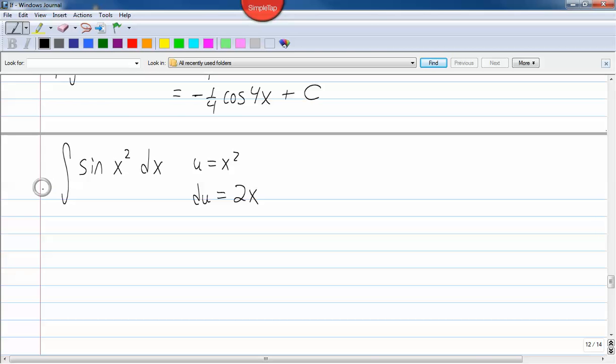It doesn't work like that. To do this integral, there would have to be an x in the front. There's not an x in the front, so we can't use that method. We would have to do something different.